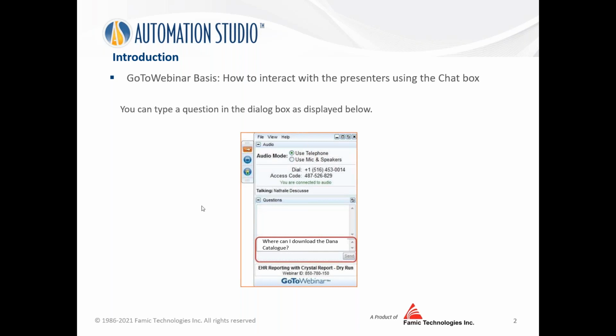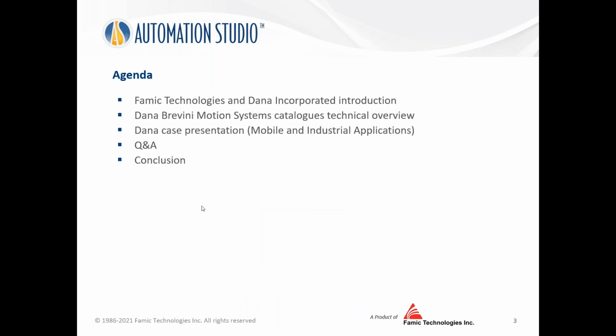So now, let's see what we're gonna see today for the next 90 minutes. First, some quick introduction of Famic Technology and Dana Incorporated by Vincent and Francesco. Then we are going to explore the Dana Brevini Motion System catalog in Automation Studio with Luca.